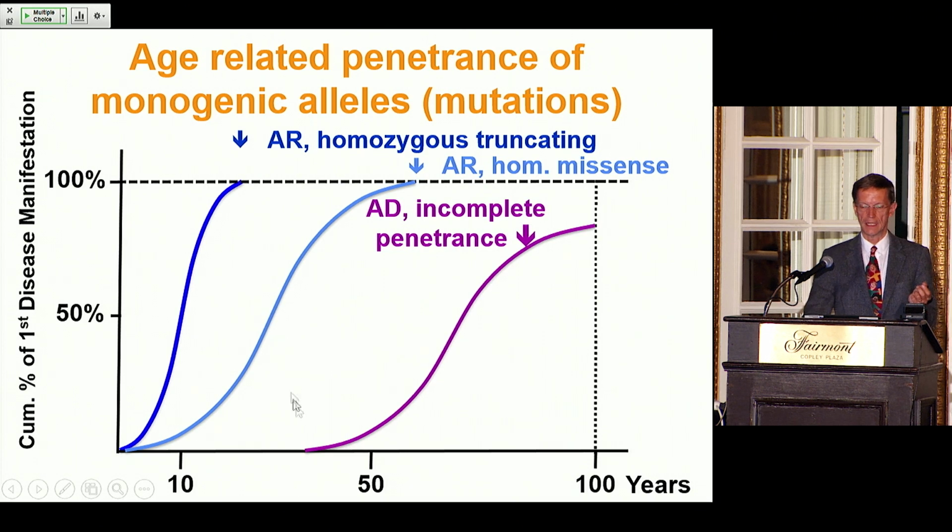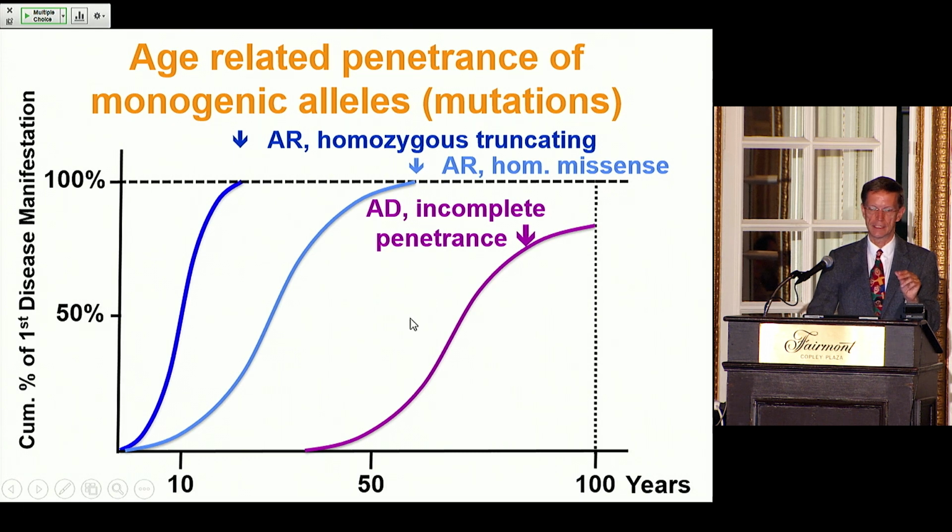Dominant diseases have a tendency to manifest in adulthood, and they have this phenomenon that's called incomplete penetrance, where, when you draw the pedigree, certain individuals will have the mutation but will never develop disease even in old age. It's an ill-understood mechanism, but it applies to dominant diseases, not recessive ones.